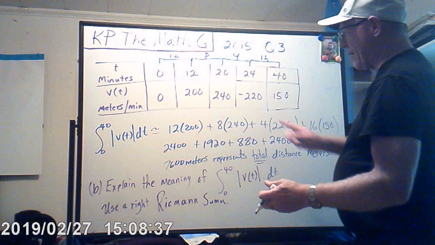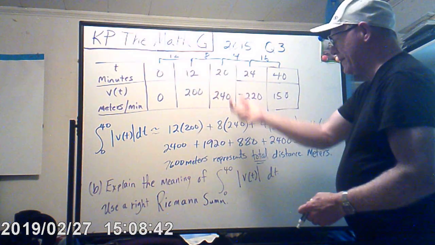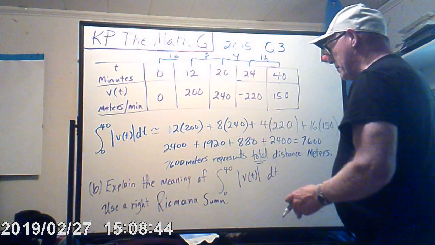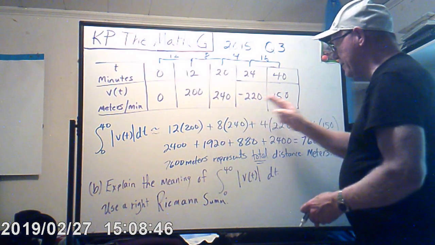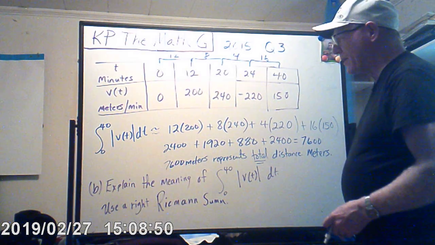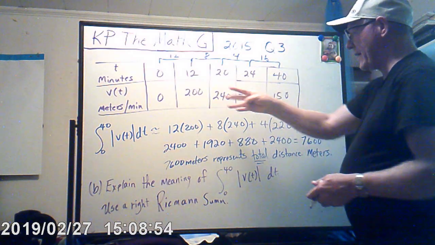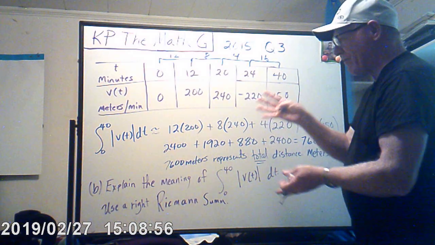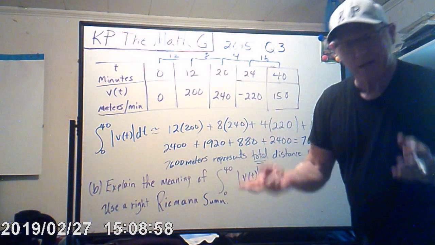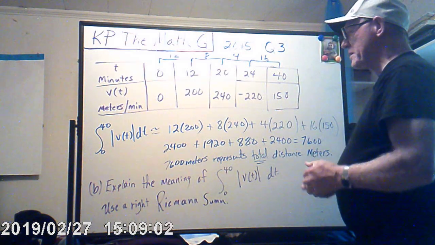This is the absolute value of v at t each time. Each one of these is what you're doing. You do a left approximation, you do these four here. If you want to do trapezoidal, you can do left and right, and then take the average of the left and right and divide it by 2, in other words, and then you'll get your trapezoidal.